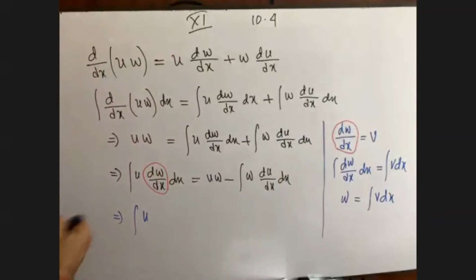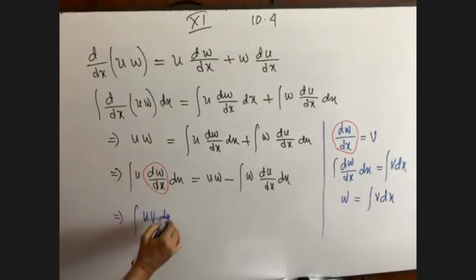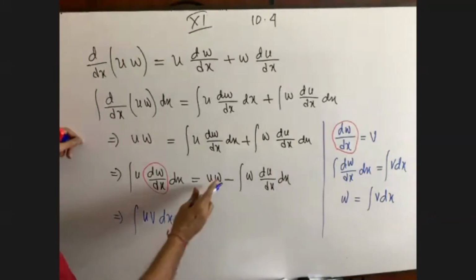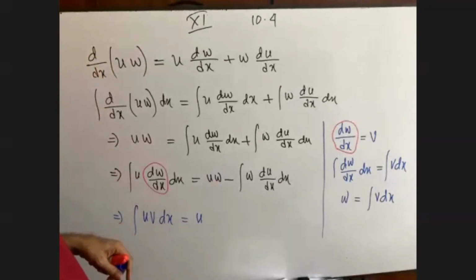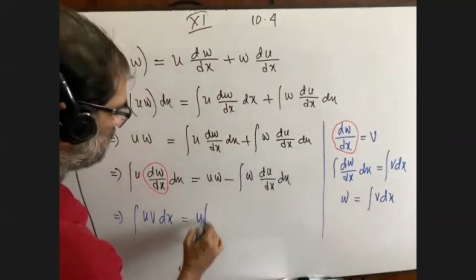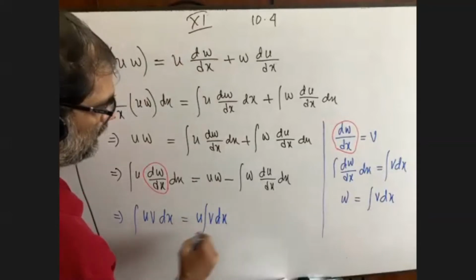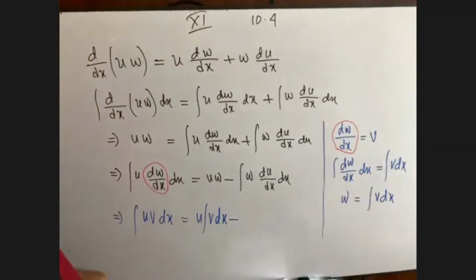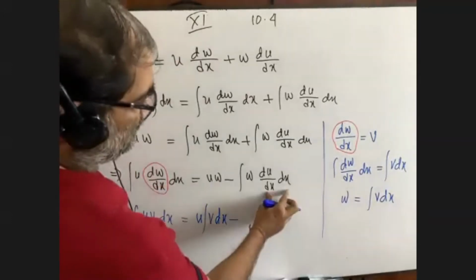Write down v dx is equal to, you see, it is u. What is the value of w? W is this integration sign v dx. Minus, okay, I am going to write down this part first.